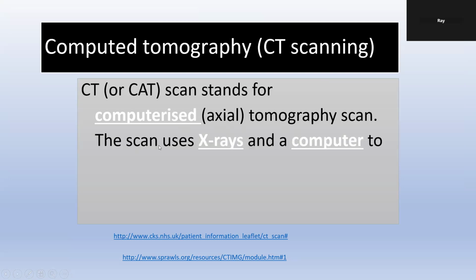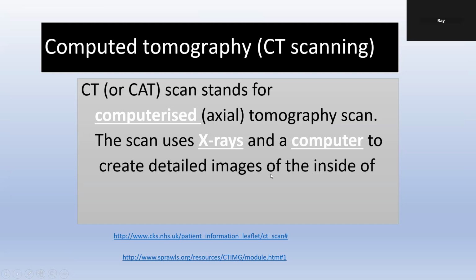The scan uses X-ray and a computer to create detailed images of the inside of the body. The advantage is that it is three-dimensional. It gives you depth, and if there's a tumor there, you can observe it from different angles.